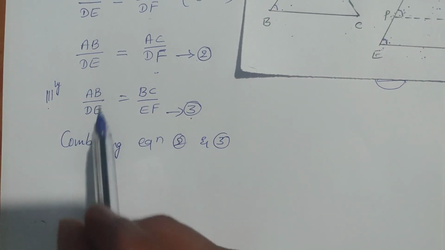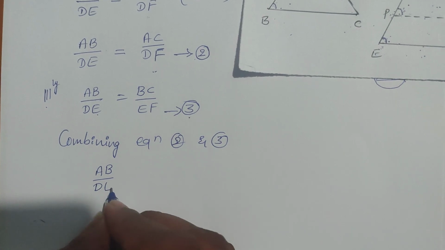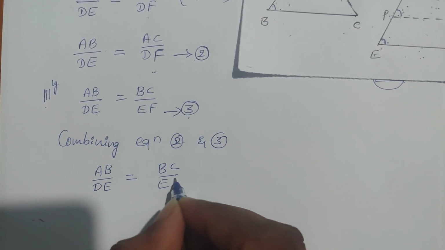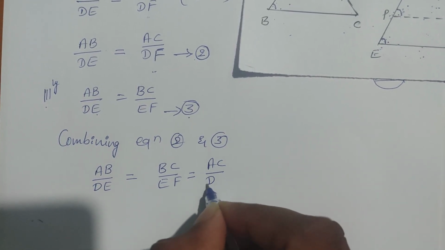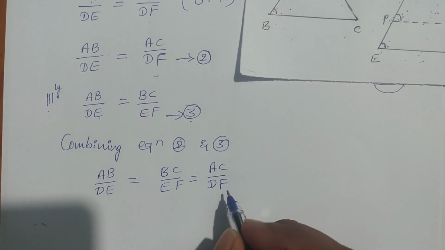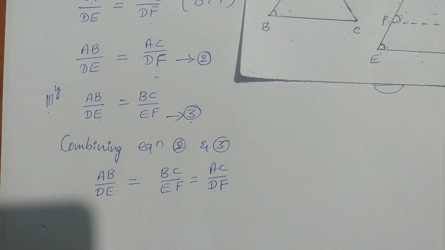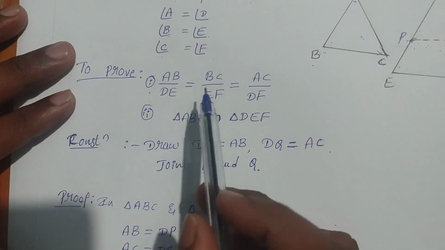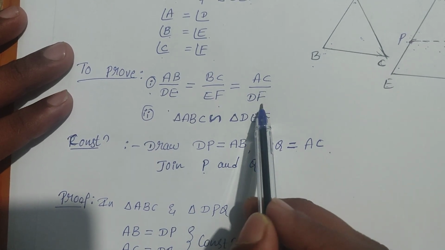So we can combine these three, that is AB by DE is equal to BC by EF is equal to AC by DF. This is what we need. In the to prove we have written this thing. I will show that here. So to prove is here, AB by DE is equal to BC by EF is equal to AC by DF.